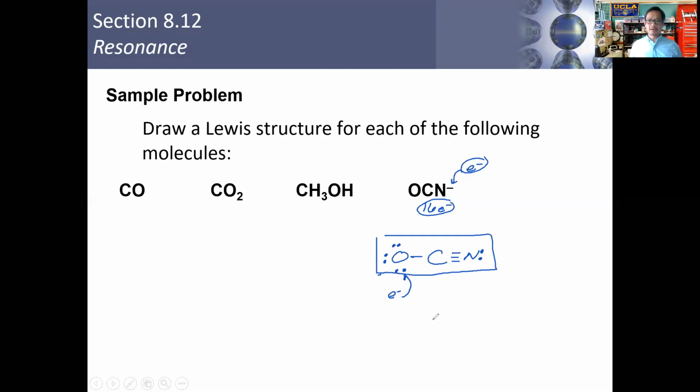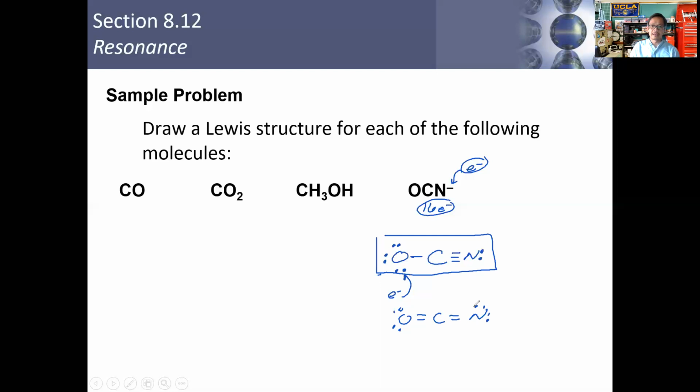However, I want to share this with you. Let's see if this is a valid structure, where the carbon forms a double bond with oxygen and nitrogen, and again, the extra electron coming in on the oxygen here. Would this be a valid structure?